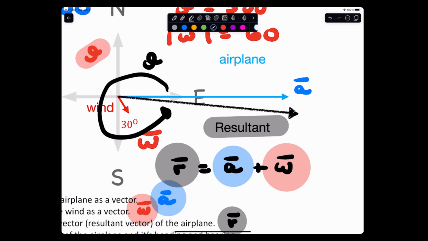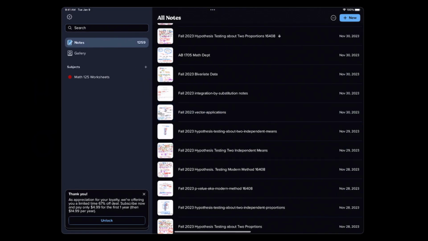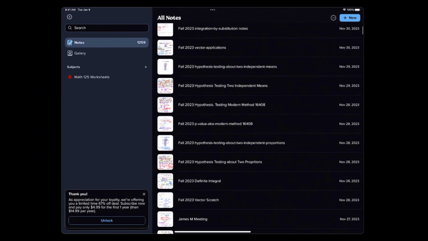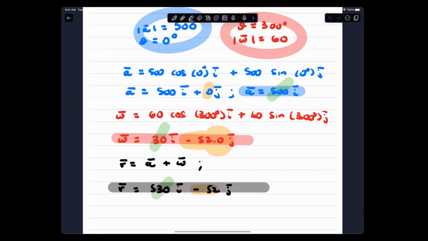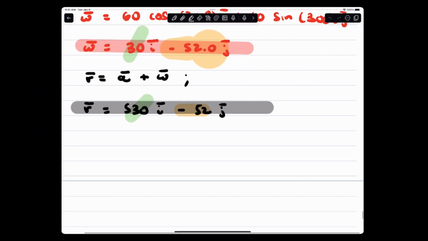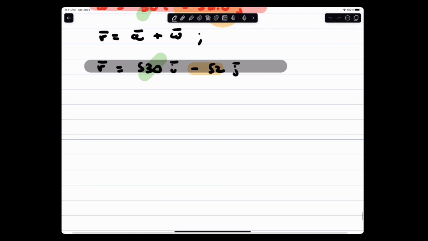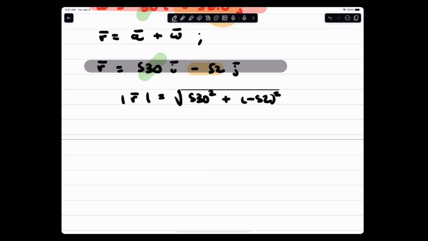So we're going to need that angle. All right. Now, very easily, we already know how to get the length of a vector, right? The length of a vector is going to be the square root of 530 squared plus the negative 52 squared. And I'll go to the tenths again.